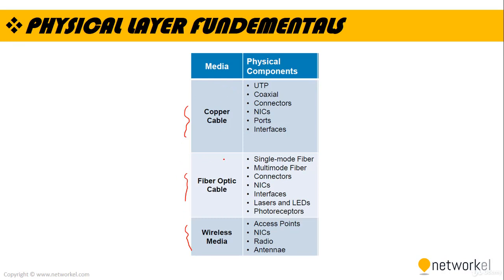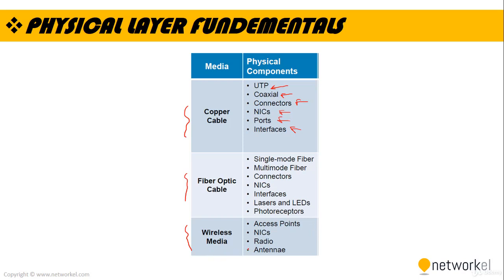In copper cable media, the physical components may be a UTP cable, coaxial cable, connectors, network interface cards, ports, interfaces, etc. In fiber optic cable media, we have single-mode and multimode fibers, connectors again, network interface cards, interfaces, lasers and LEDs, and photoreceptors.